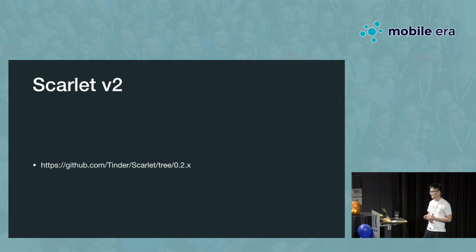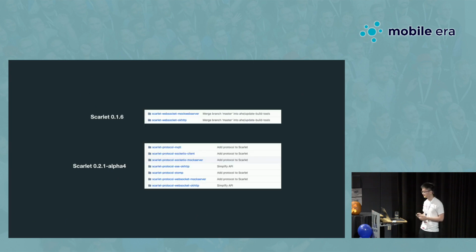I'm not going to go through any code example on the new version, but I would love to discuss it with you offline if you're interested. The source code is available on this branch, and it has been published to Jetpack, so you can start using it today. As you can see, we now have different artifacts in the new version.